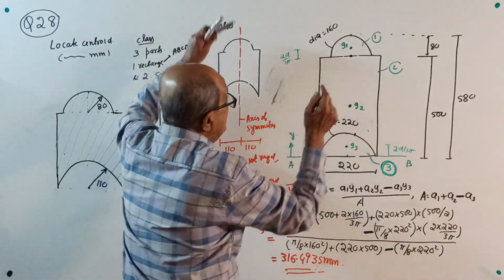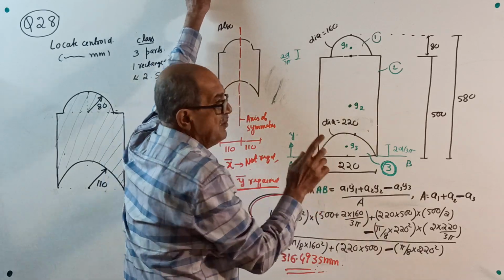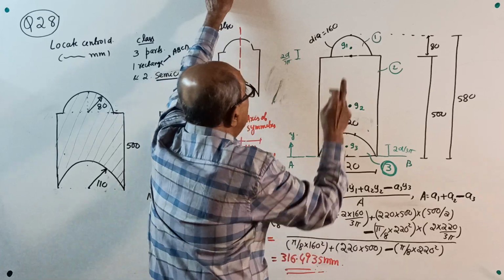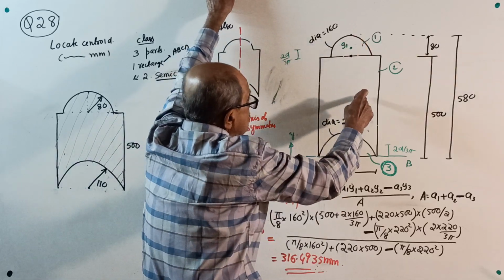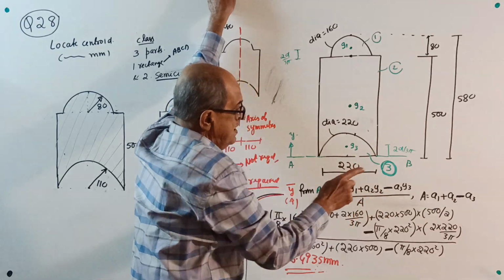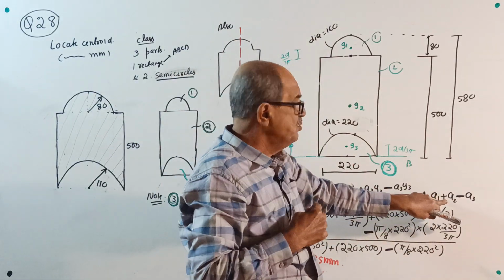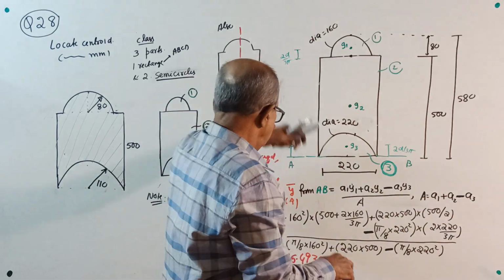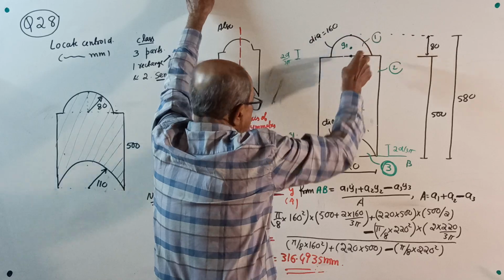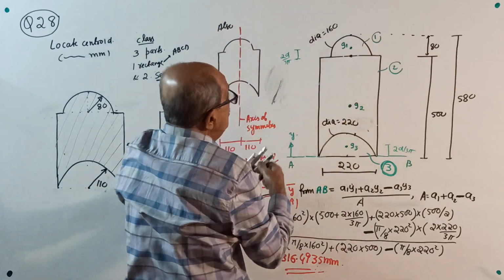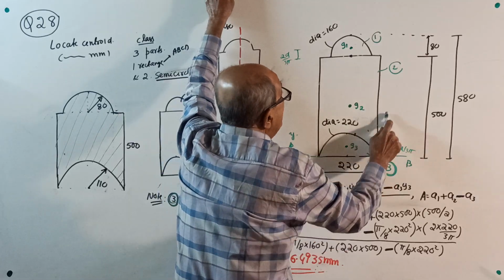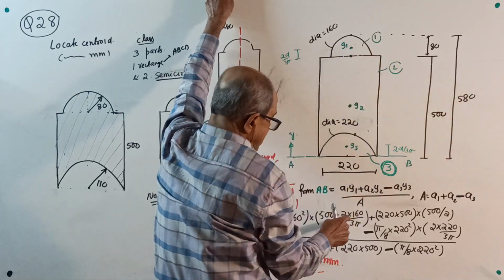Okay, start. Y bar direct formula. This time a table is not required. The formula is A1y1 plus A2y2 minus A3y3, divided by A1 plus A2 minus A3. A1 is pi by 8 of 160 squared, into y1, its centroid from base, 500 plus 2d by 3 pi.